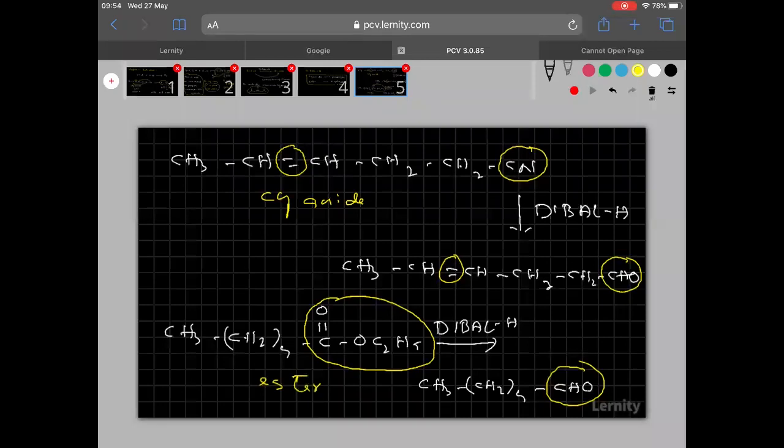So DIBAL-H is used to convert cyanides and esters into aldehydes. I hope it is clear, everyone.